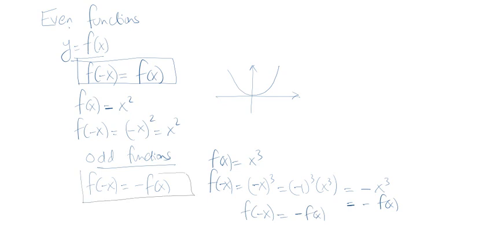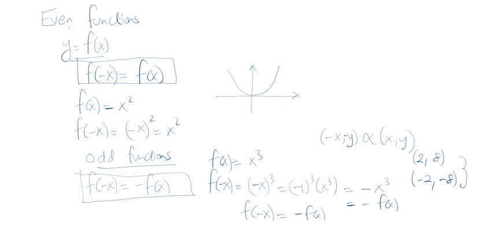So that's the main thing to remember for an odd function. And something else to really write down, which will help you to determine whether a function is an odd function, is that the coordinates (-x, -y) and the coordinates (x, y) are both found on the same graph. For example, if I take coordinate 2 and I replace it in the function here, 2 cubed is 8, and if I take minus 2 now, minus 2 cubed is minus 8.